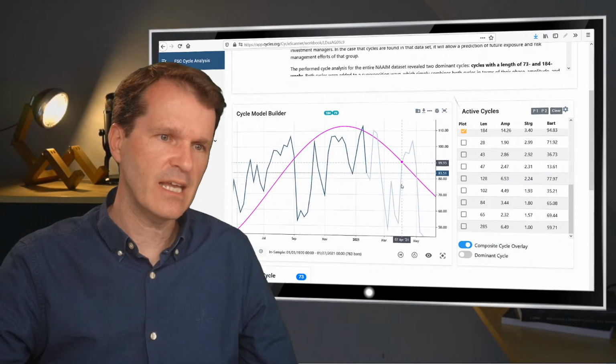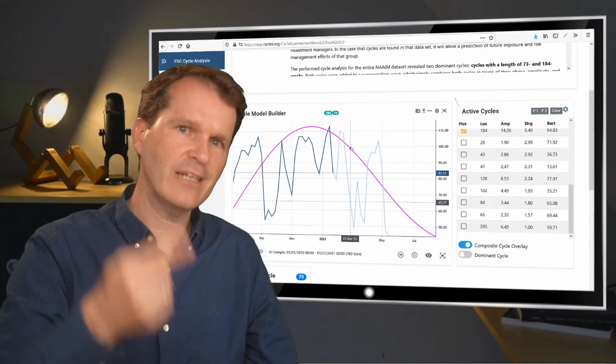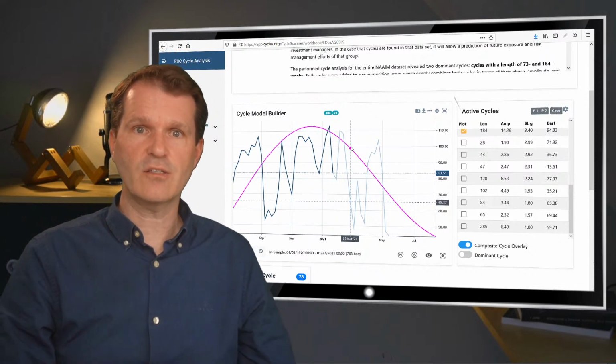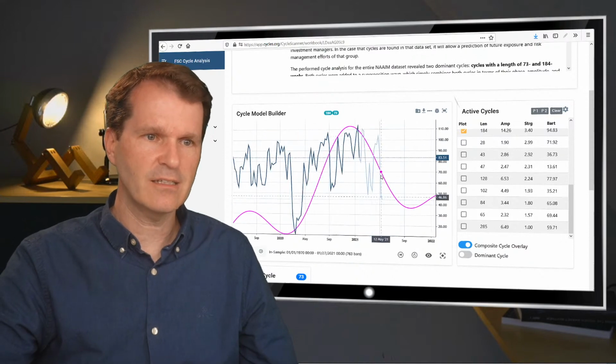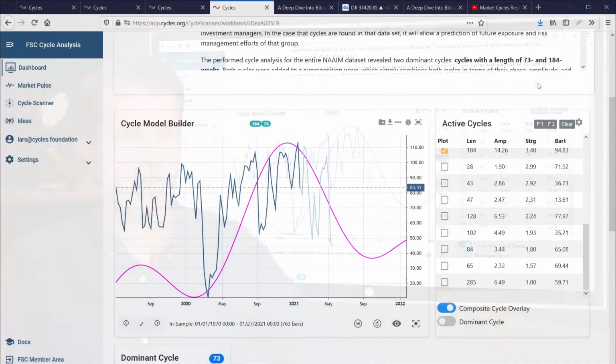I have updated this data set, so I just wanted to remind you this data is now updated to the latest point, so you can update your own cycle analysis on this data set. It's there in the cycle scanner. And second, this is always interesting if you review this kind of analysis.